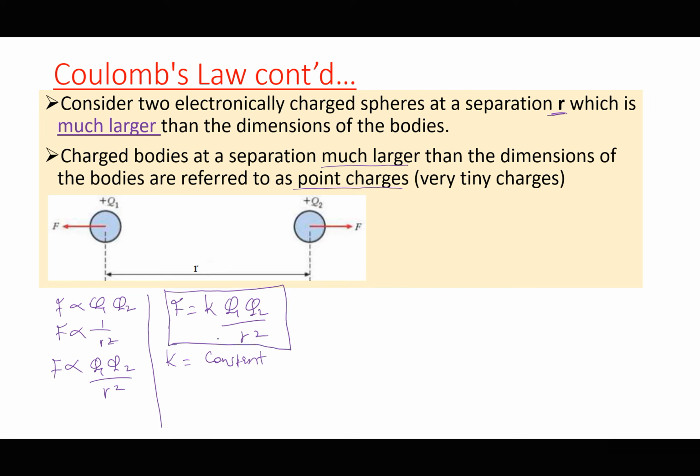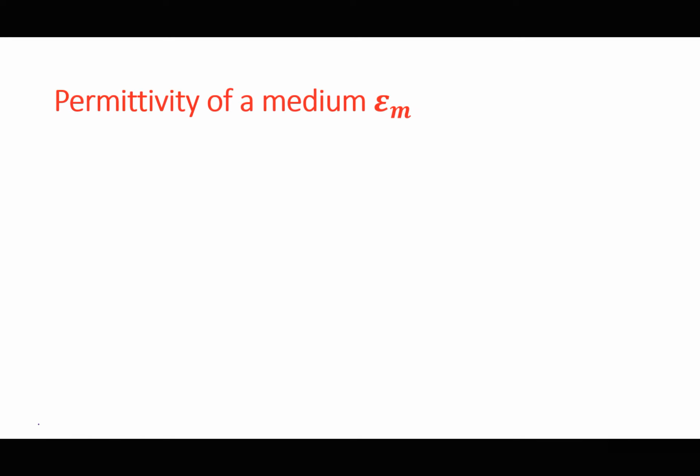So let us see what K is, or how we come up with K. To understand K, we need to first establish what we call the permittivity of a medium. The force between two charges does not only depend on the separation.